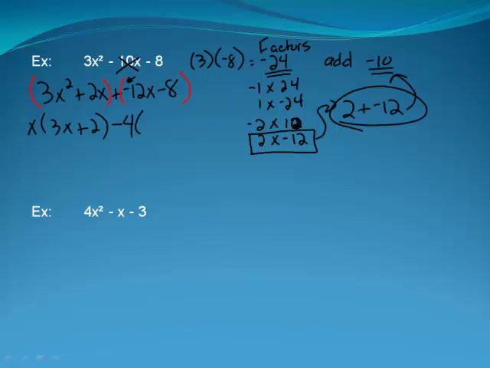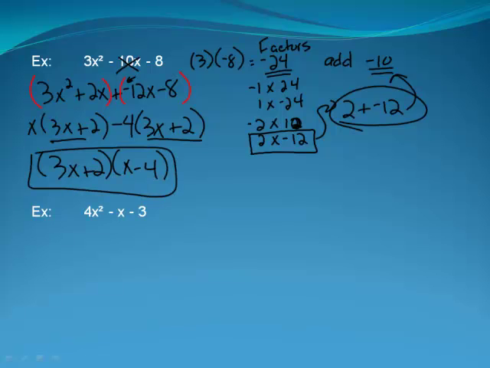So negative 12 divided by negative 4 is a positive 3, and then of course you've got that x attached. And minus 8 divided by minus 4 is a positive 2. Groups match. So you've got 3x plus 2 and x minus 4 as your final answer.